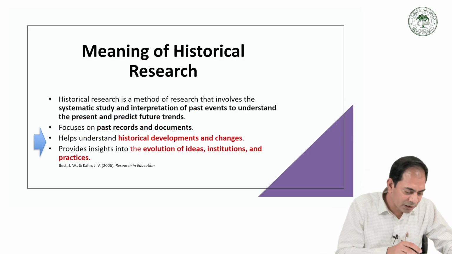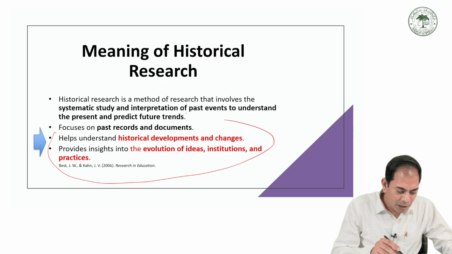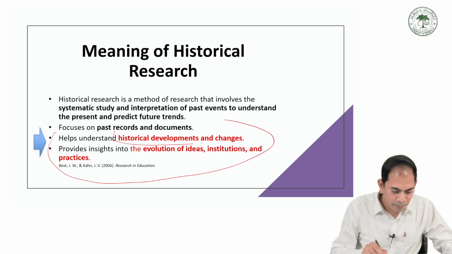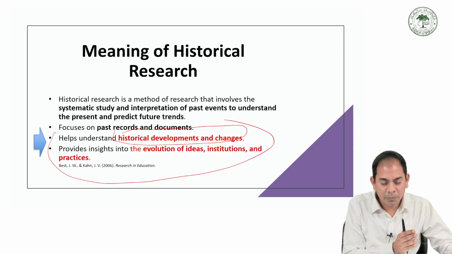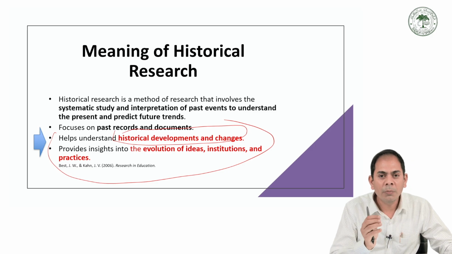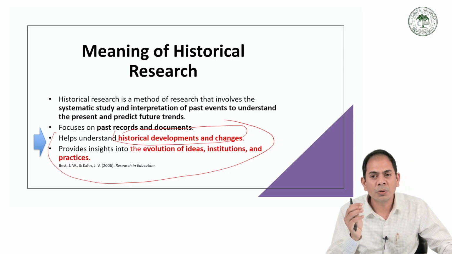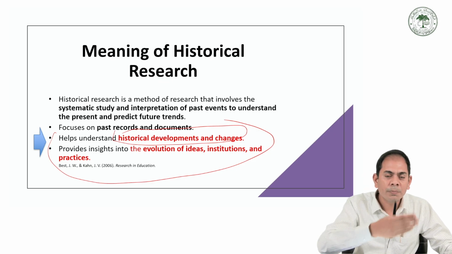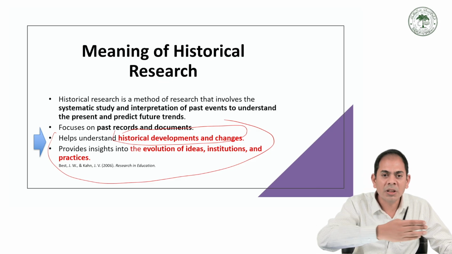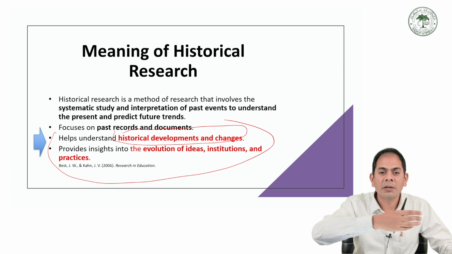Now we are discussing two important concepts: historical development and changes. Historical research helps us understand historical development and changes. One important purpose of historical research is to understand how things develop and change over time. With the passage of time, things change, and may have changed in the past.